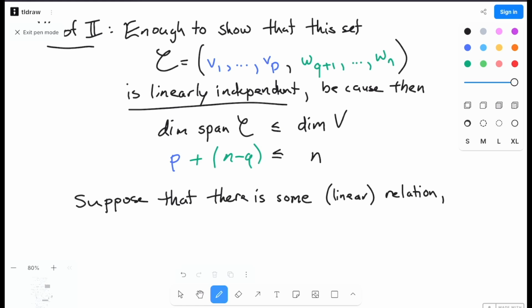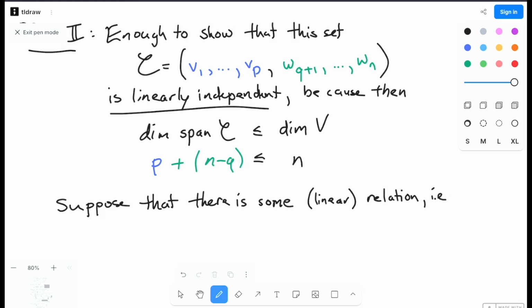So, in other words, there need to exist some numbers, b_i and c_j, r, such that, and I'm going to follow Artin, and I'm going to write out the vectors in this linear relation in a slightly non-standard way.